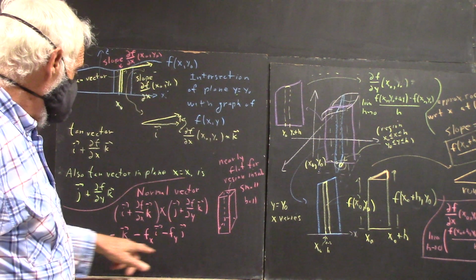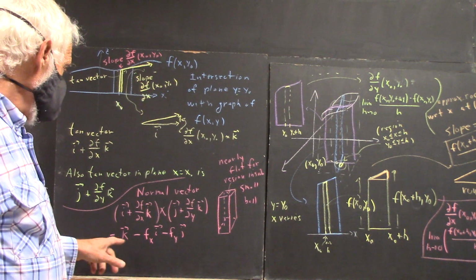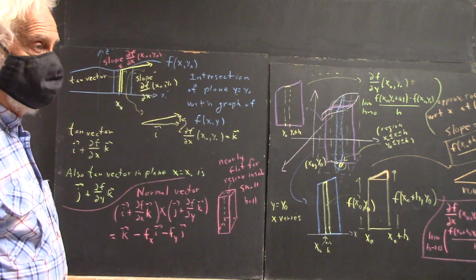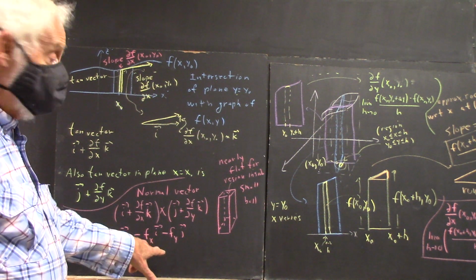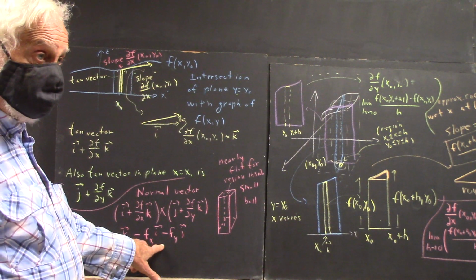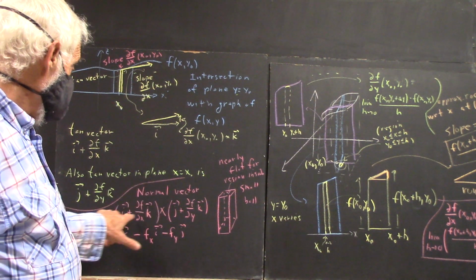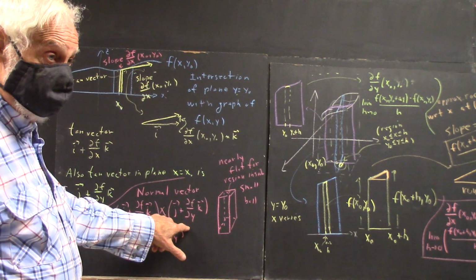So now there is your normal vector. Now it's convenient to remember this, but don't use this as a formula because this doesn't have any direct meaning. It's convenient for calculation, but the direct meaning is this. And this isn't hard to understand.